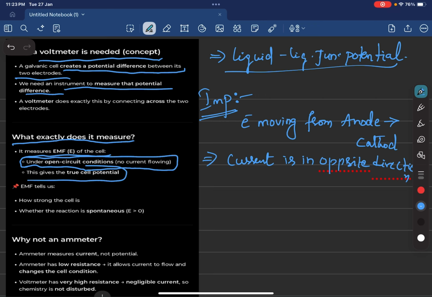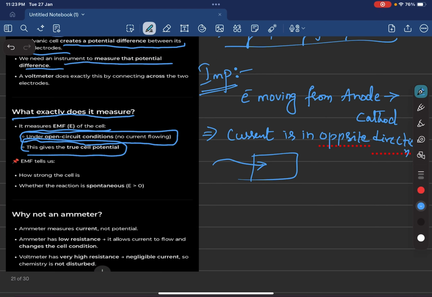This gives the true cell potential. Here current is in the opposite direction. That means current is moving through the voltmeter. Is that correct? No. I'll tell you. EMF is just how strong the cell is and whether the reaction is spontaneous or not. Those are explained with this, because there is a formula which I'll tell you now.